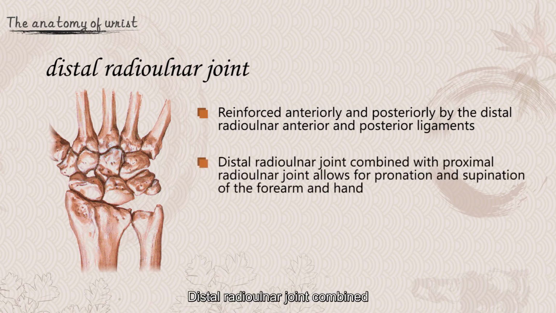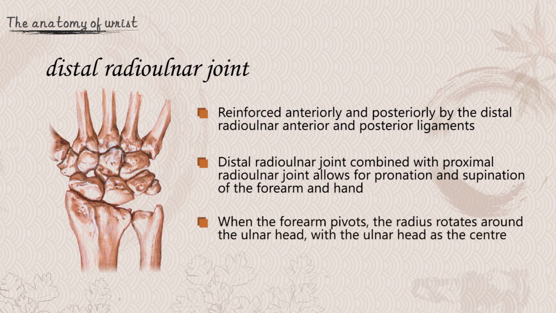The distal radio-ulnar joint combined with the proximal radio-ulnar joint allows the pronation and supination of the forearm and hand. When the forearm pivots, the radius rotates around the ulnar head as the center.